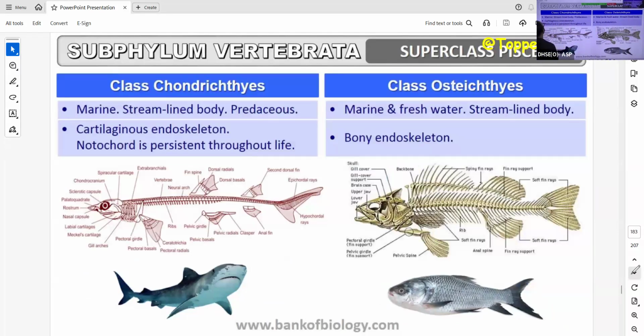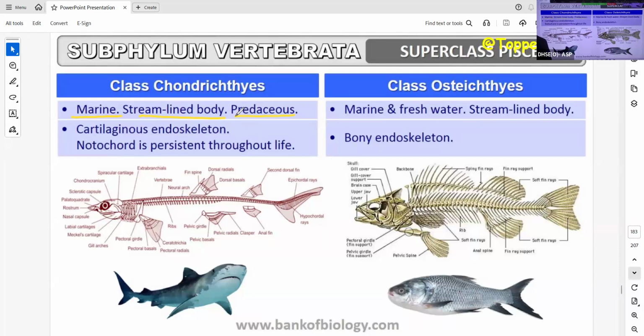Now look at it. This is a tabular way of representing the differences between the Chondrichthyes and the Osteichthyes. In case of Chondrichthyes, they are marine, with a streamlined body, and predaceous, meaning they are exclusively predators.